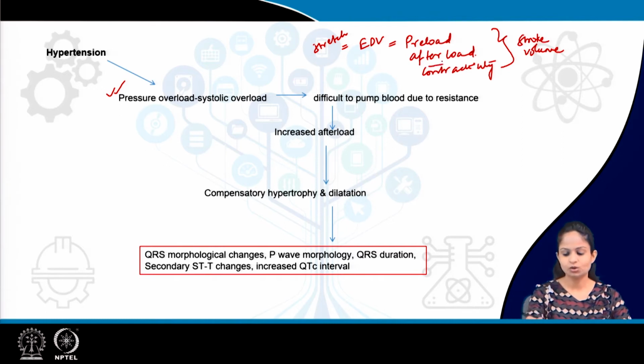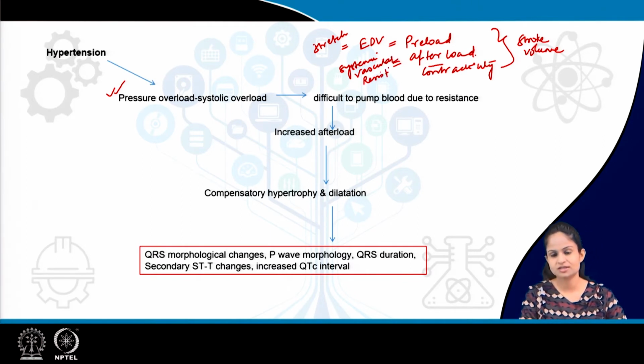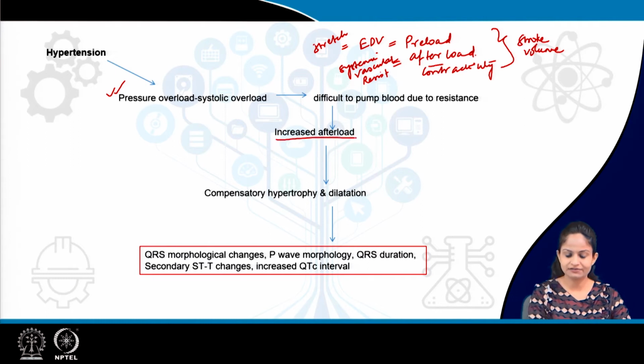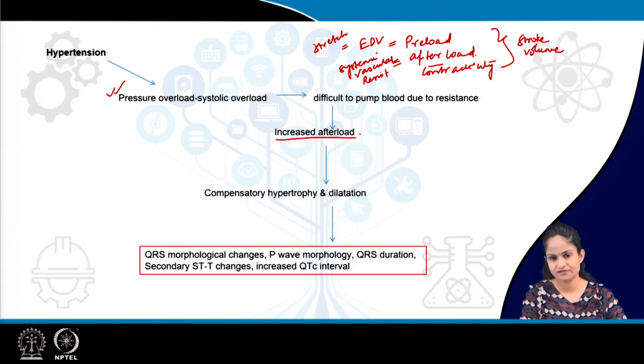Now, afterload is the resistance, it is mainly the systemic vascular resistance. Afterload is the resistance which is usually offered by the systemic blood vessels, mainly here it is the aorta, to the ventricles to pump the blood out of the ventricles. So, whenever there is increased afterload, this means there is increased systemic vascular resistance.